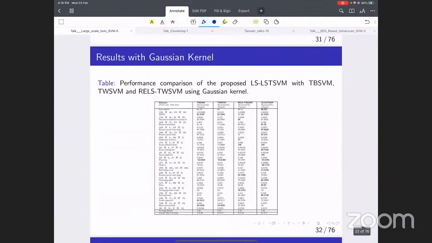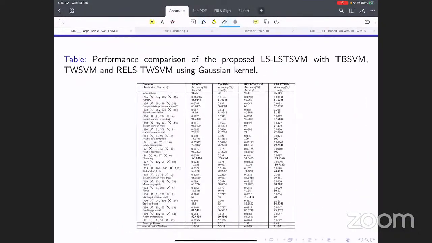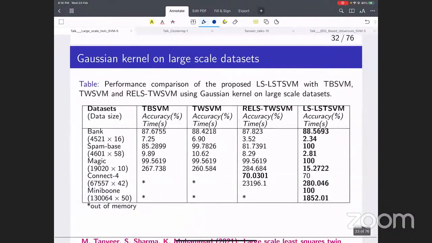So now when we go for the non-linear case, the results are even far better. You can see the average rank is better if we compare with the linear case. This is 1.65. Okay, so now when we move to the large scale data, we used a few data sets of more than 1 lakh.